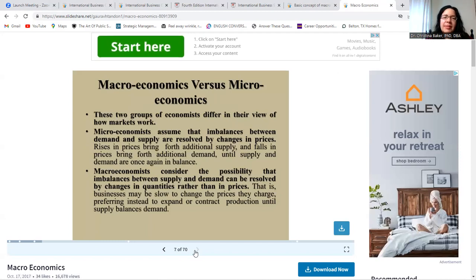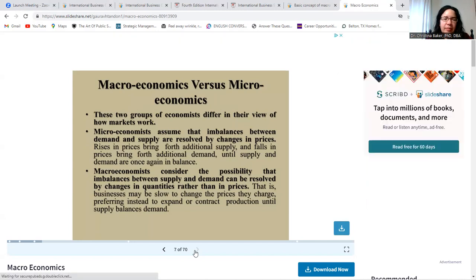We have macroeconomics versus microeconomics. These two groups of economists differ in their view of how the market works. Microeconomists assume the imbalances between demand and supply are resolved by changes in prices. Rises in prices bring forth additional supply, and falling prices bring forth additional demand until supply and demand are once again in balance.